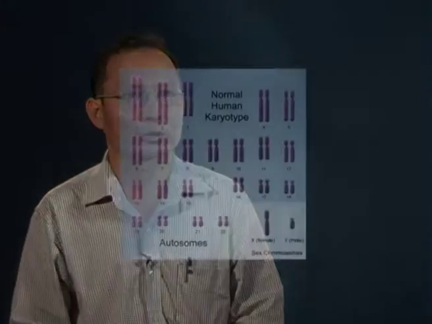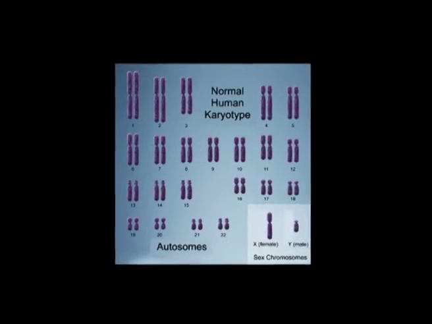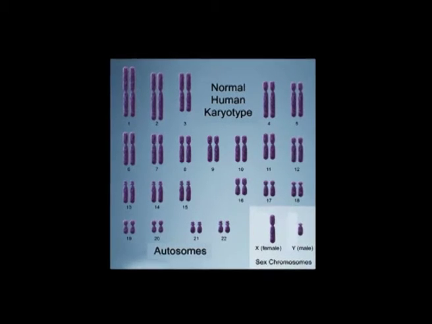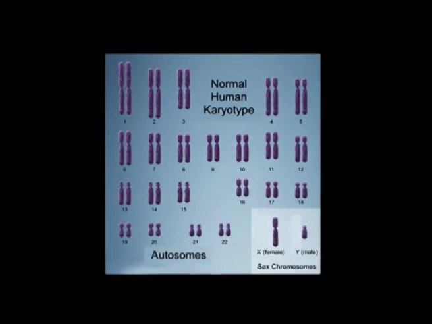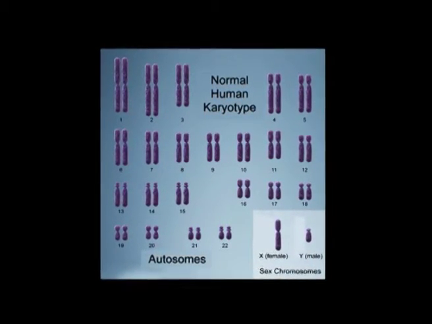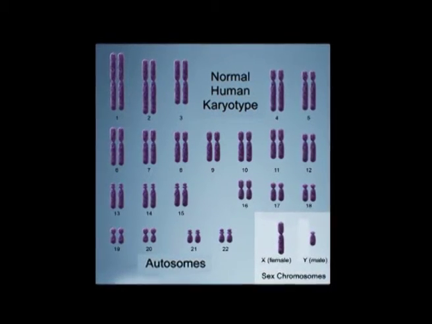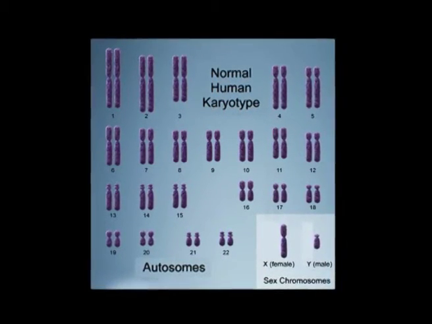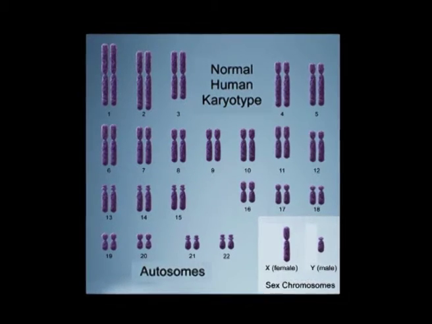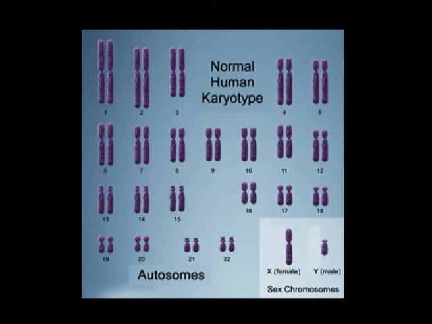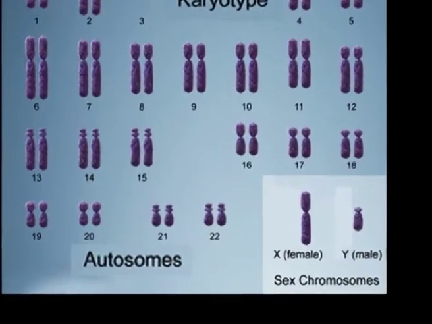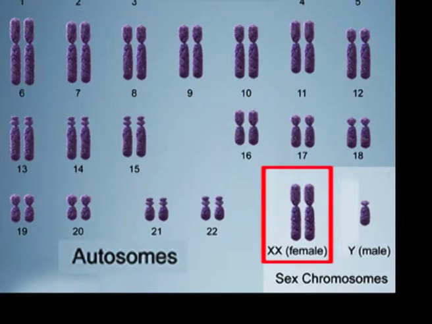The human normal karyotype, when observed under microscope, particularly at the mitotic metaphase stage, we can see 46 chromosomes, meaning that 46 colored blobs, two of which are either XX or XY.